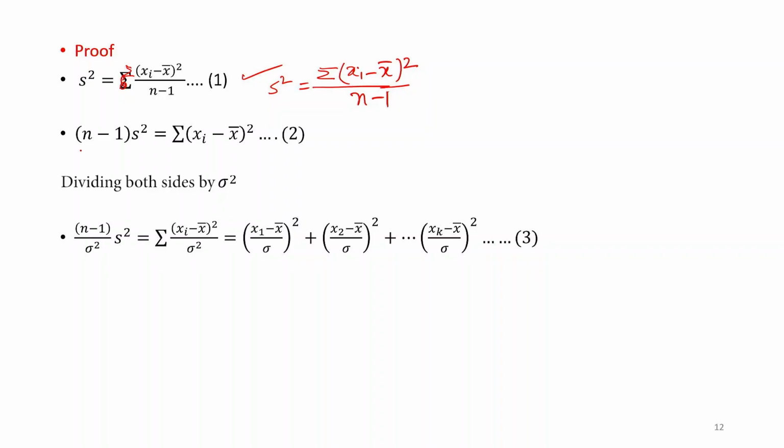So n minus 1 into s squared equals the summation of (xi minus x bar) whole squared. Now we divide both sides by sigma squared, the population variance.